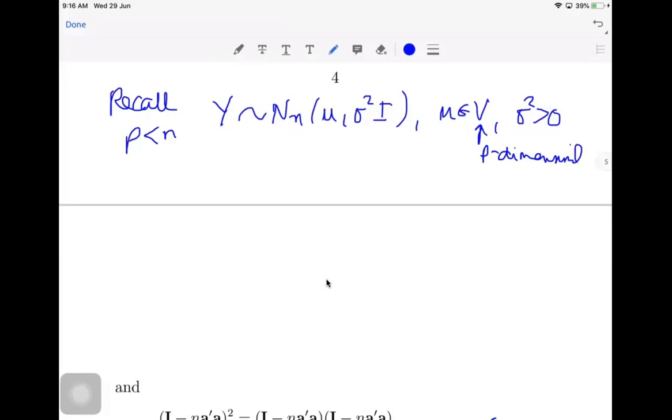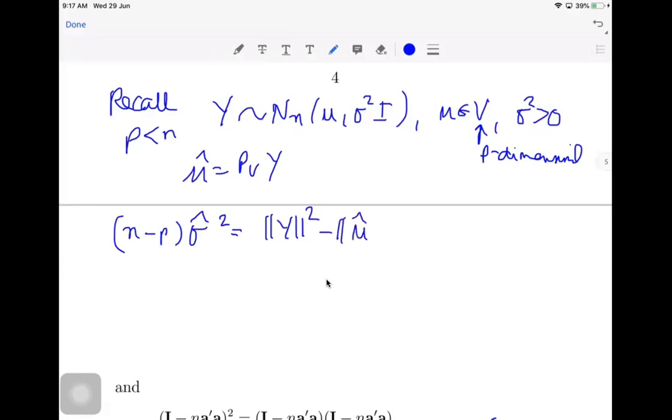And then we define a mu hat, which is the projection of Y onto V, and your sigma squared hat is in terms of, or N minus P times sigma squared hat is the square norm of Y minus the square norm of mu hat.